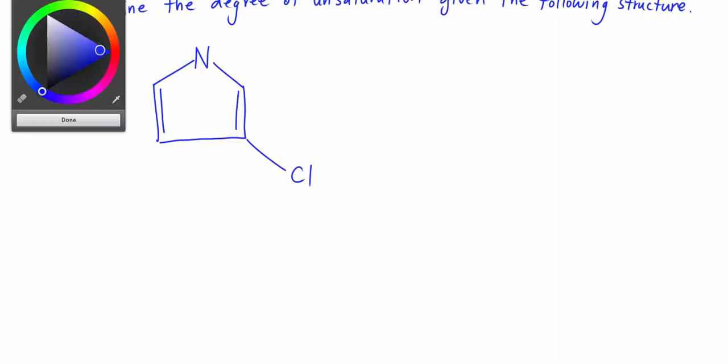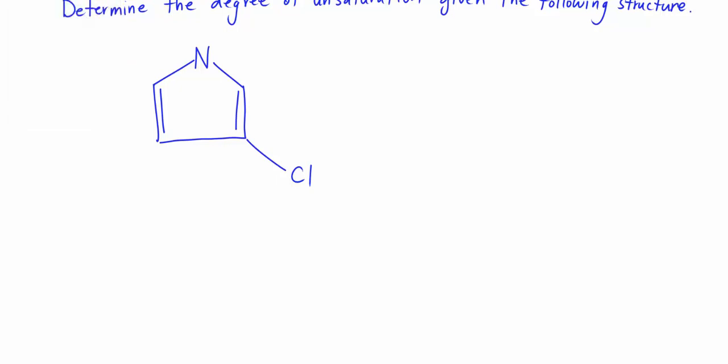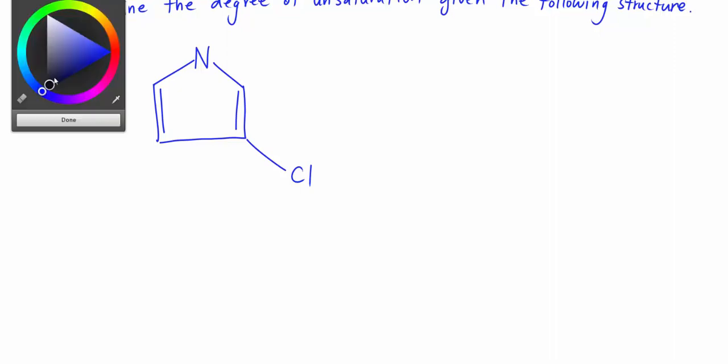Now, we could look at this and determine there are 3 degrees of unsaturation. The fact that we have 1 ring and 2 double bonds. That's one way we could look at it.